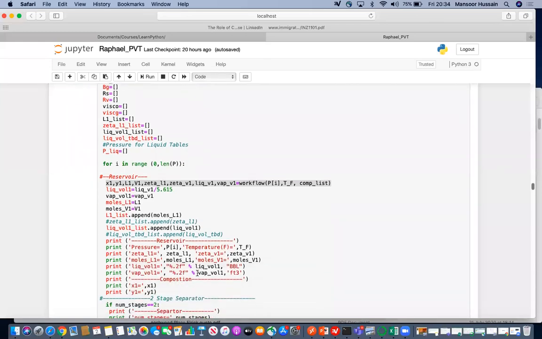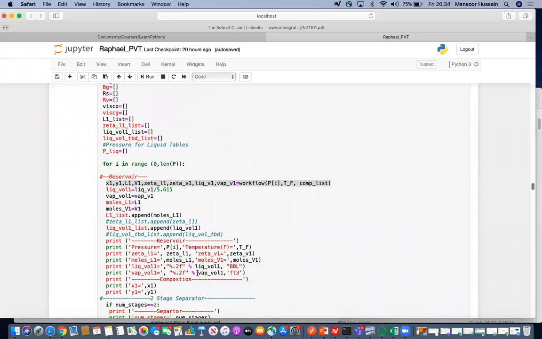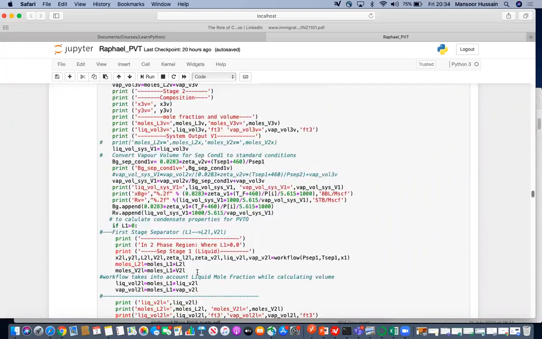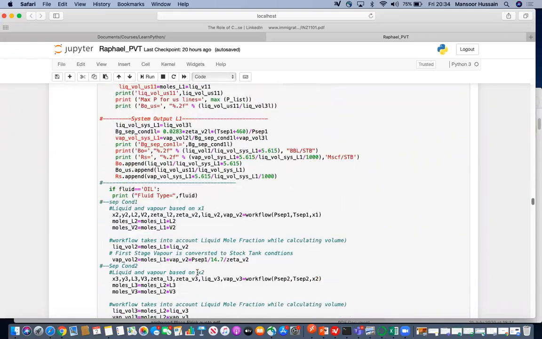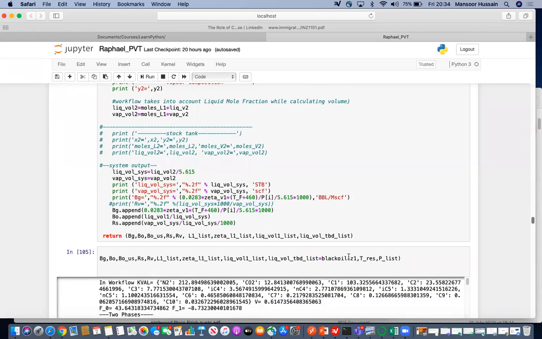Then this function black oil is designed to write out tables, or let's say generate information on formation volume factor and RS against pressure. And this is pretty much it.